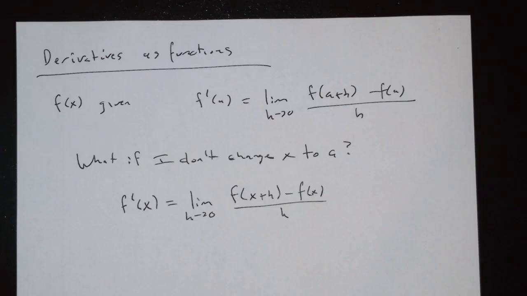See, exact, I just changed the a back to an x. And then I think about what's going on here, and I say to myself, that's a function. This is a function of x.